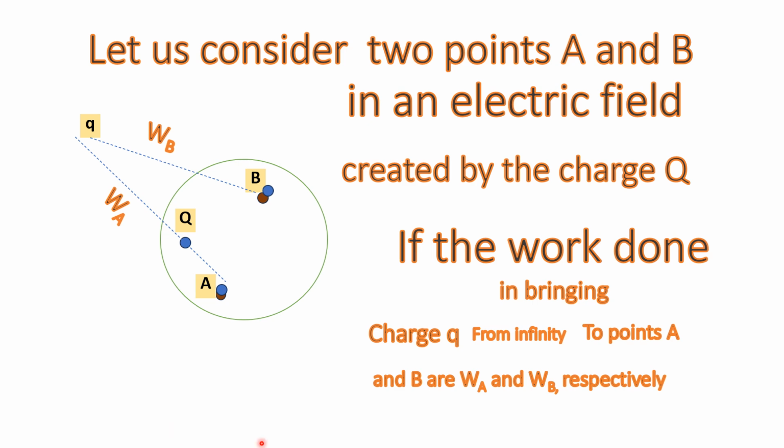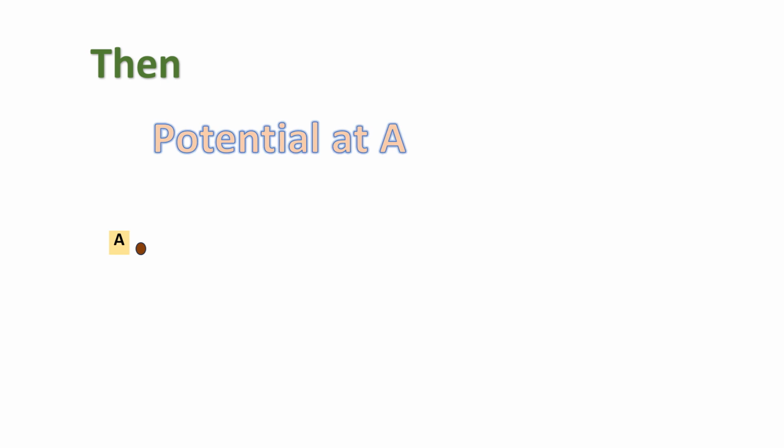So if the work done in bringing the charge q from infinity to points A and B are represented by WA and WB respectively, then what can we write? Then we can say potential at point A is VA, because we represent potential with V. Since it is in point A, we are writing suffix A next to V. We know V equal to W by Q. So VA, the potential of point A, will be WA by Q. Now Q is constant because that charge was at infinity.